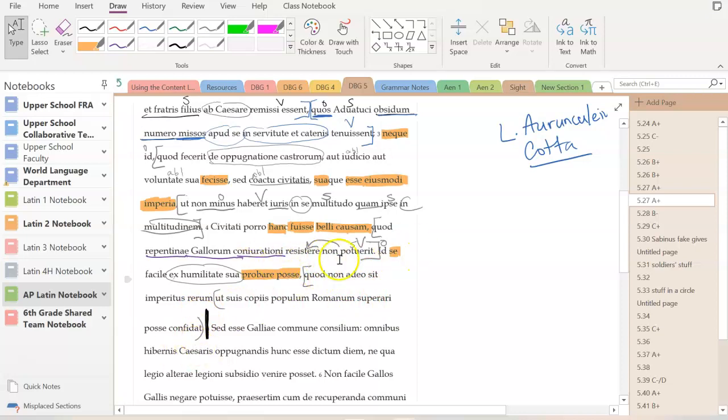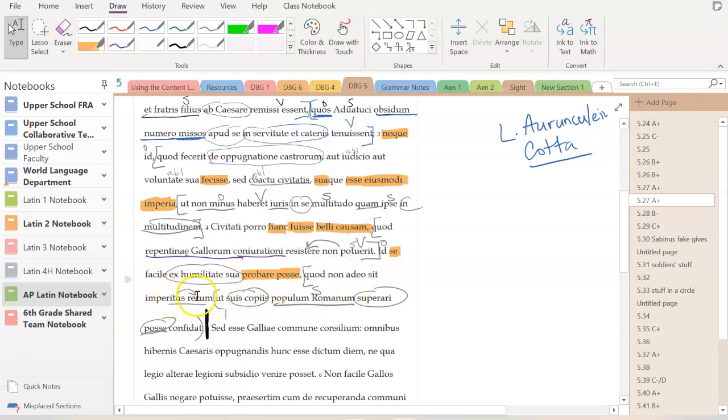So all that's left is, that he was able to prove this, facile, ex humilitate sua, because he was not so imperitus, which takes a genitive, imperitus in things, that he trusts that he is able, that he trusts that my new accusative, that this is able, which takes another infinitive, to superari, to be overcome by suis copiis, right?